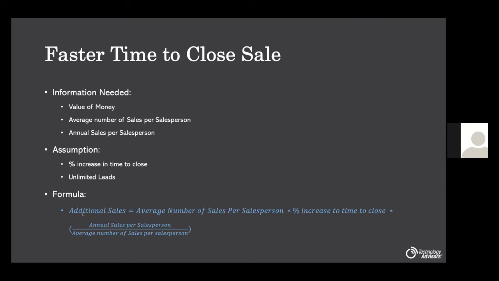So you can then calculate that the additional sales in the year is the average number of sales that the salesperson has times the percent increase in the time it takes to close times the average annual sales per salesperson.